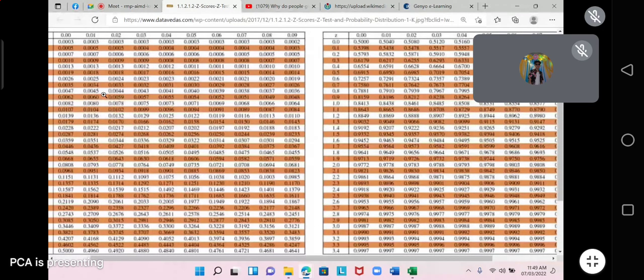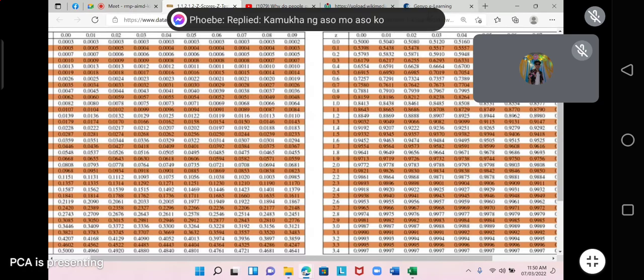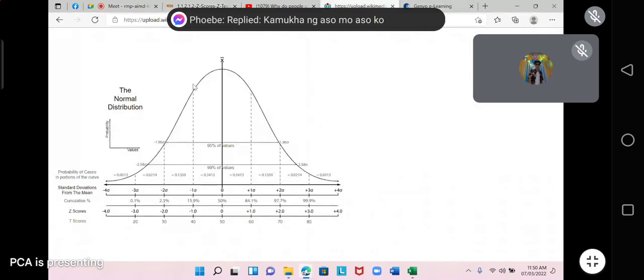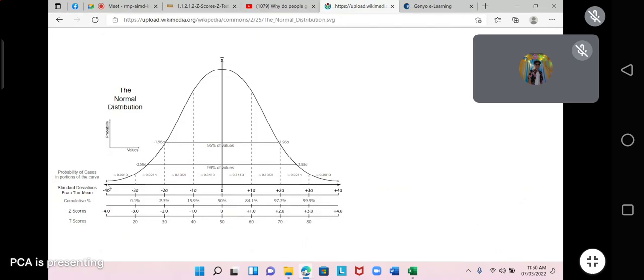But see, the values in these ones are all positive values. So they talk about the probability, they talk about the area. Negative 3.49 or 3.49 itself has no area, no probability.